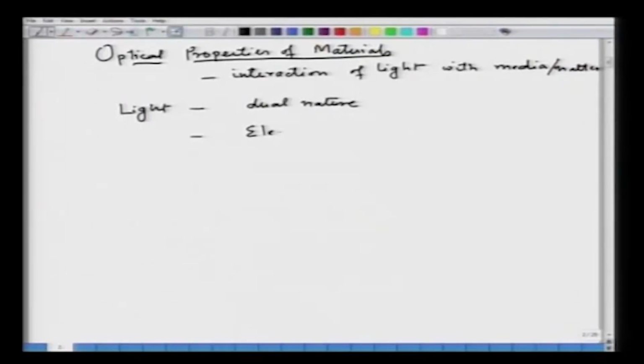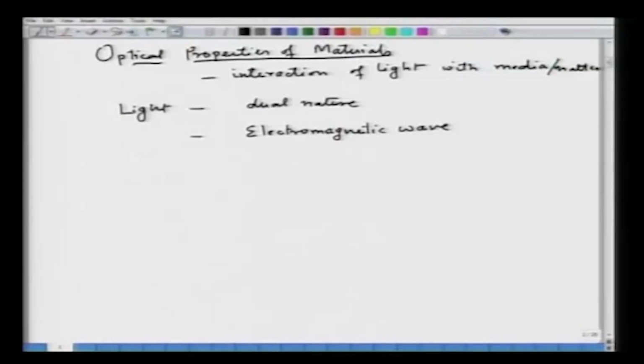So, our consideration here is going to consider light as electromagnetic wave. Interaction of the light with the material, this electromagnetic wave with the material decides what is going to be the optical properties of the material.